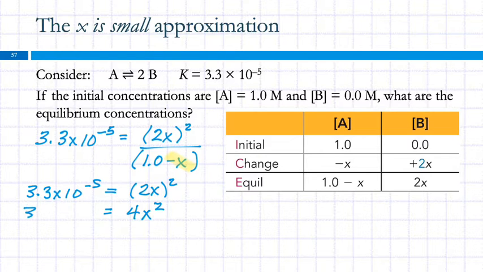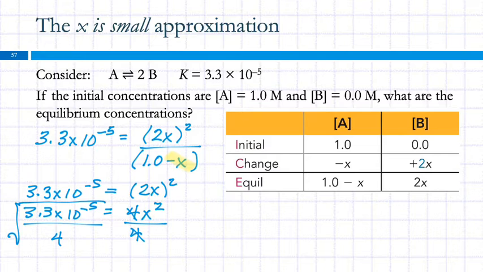So if I divide both sides by 4 and take the square root, I come up with x is equal to 0.00287.